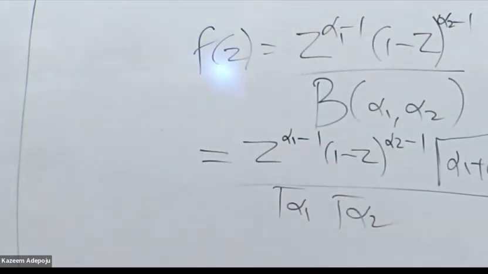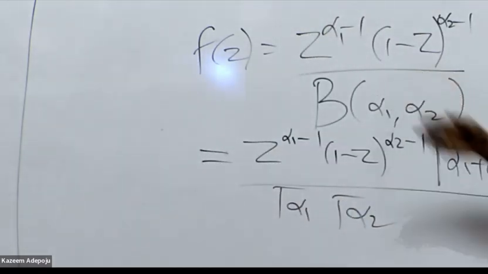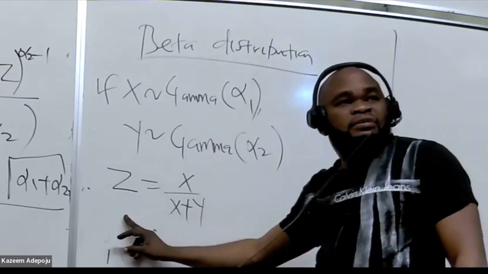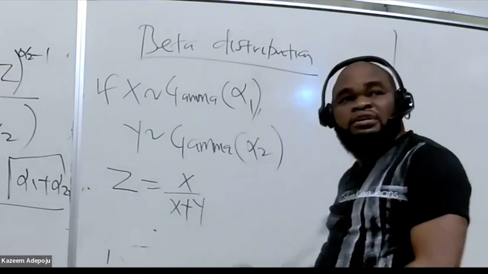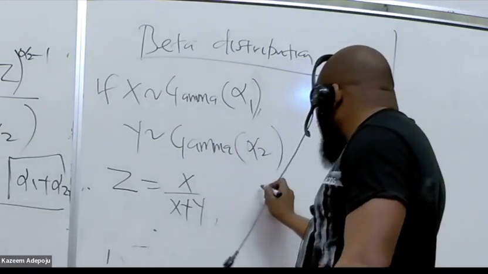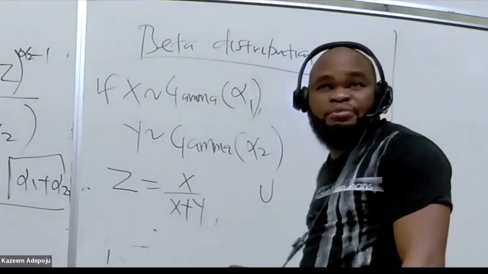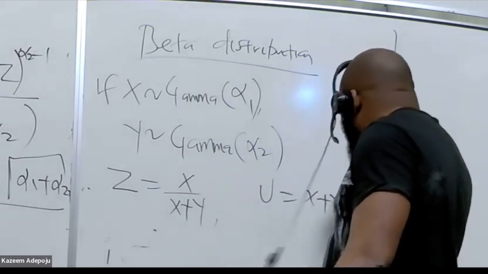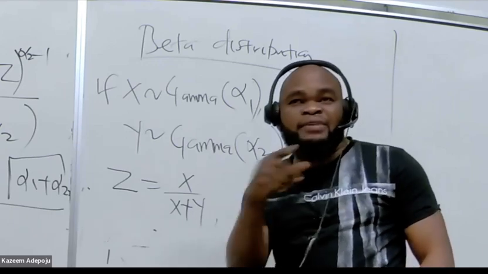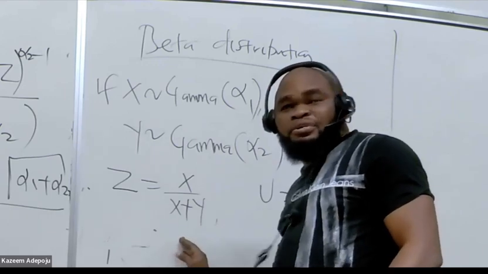Now, do you know that this beta distribution was derived where z equals this? If you want to derive that, we can create an artificial variable. The artificial variable will be x plus y. I told you the other time, right? The denominator, go create another one.